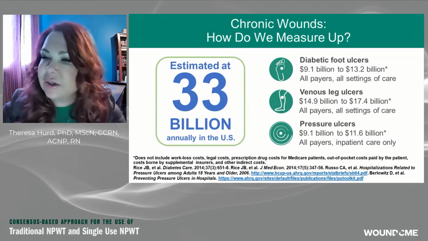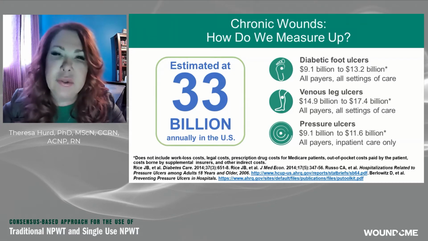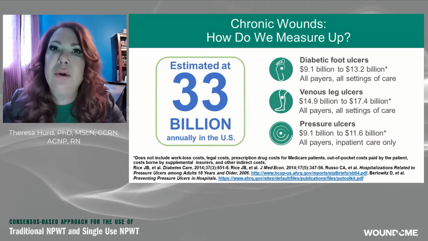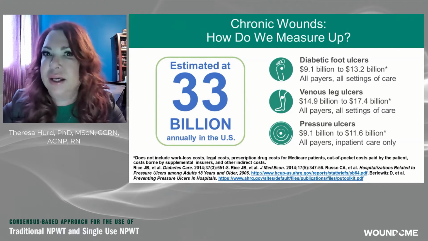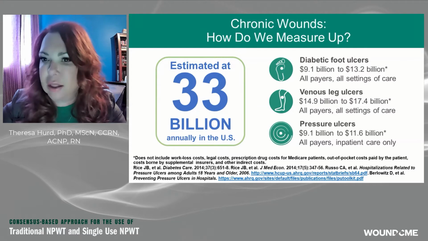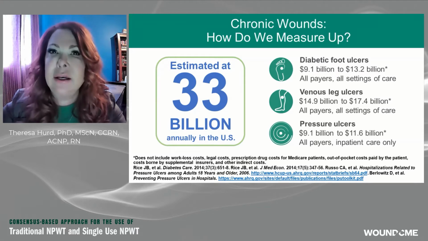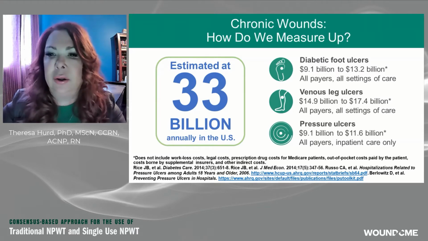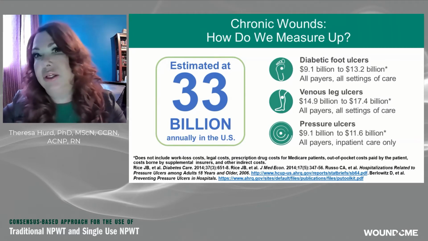In the United States alone, we spend close to $9.1 billion to $13.2 billion just taking care of diabetic foot ulcers. You add that cost to also taking care of the patient with diabetes, and you can imagine the cost this is to our healthcare system. Venous leg ulcers, $14.9 to $17 billion a year. And pressure ulcers, $9.1 billion to $11.6 billion.